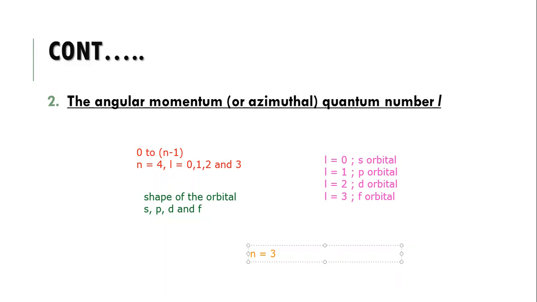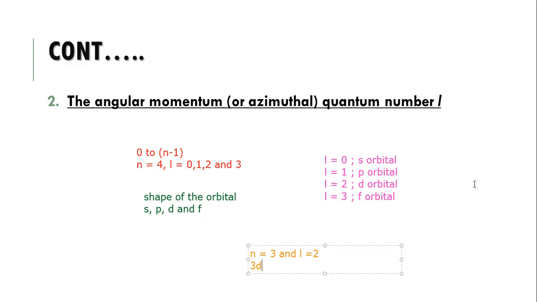By using the azimuthal quantum number, you can define the shape of the orbital. If n is equal to 3 and L is equal to 2, what is the shape of this orbital? How can you name this orbital? n equal to 3 and L equal to 2 means you will have the 3d orbital. This is how you determine the shape of the orbital.